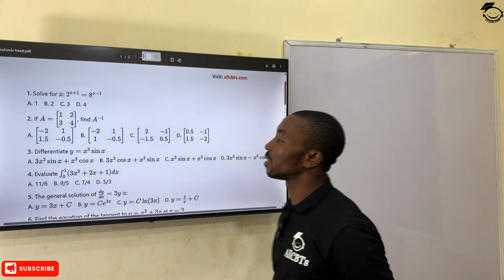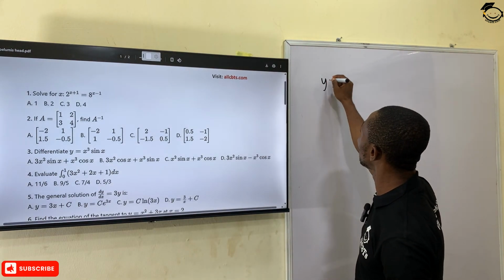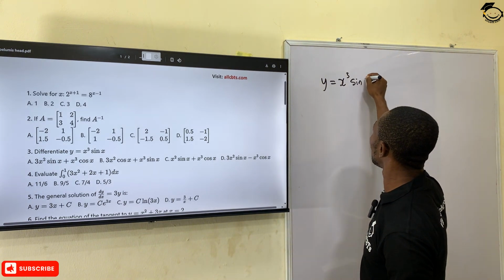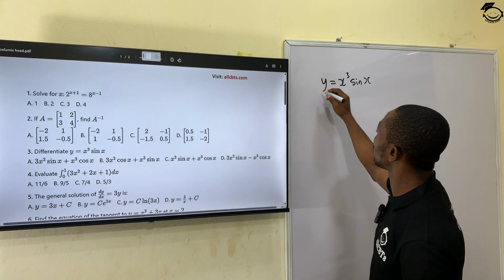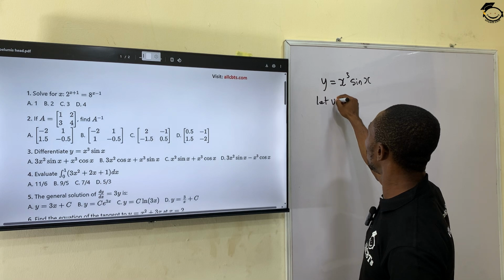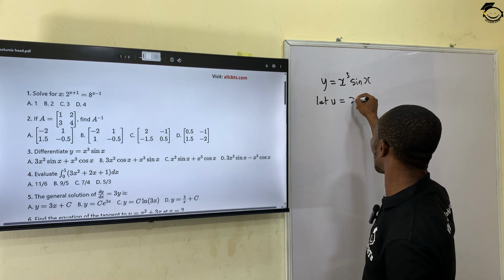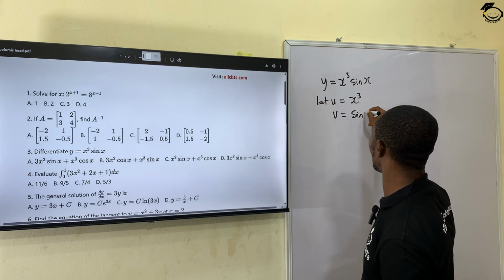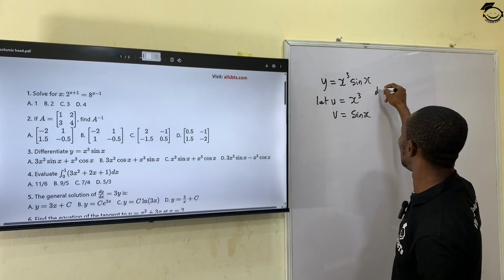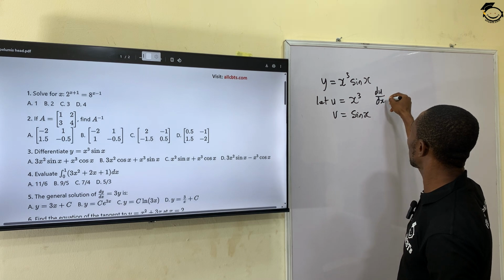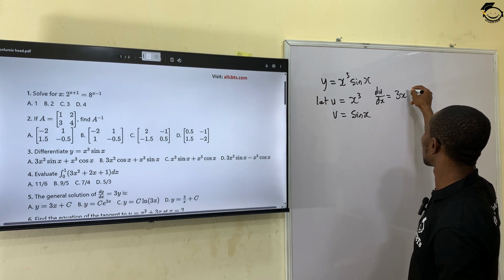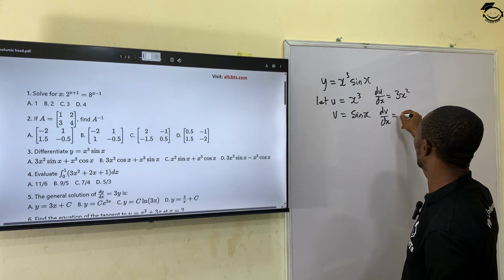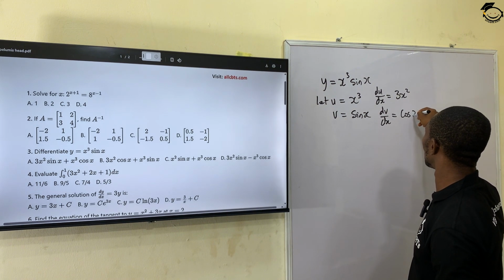Our question 3 says differentiate y equals x cubed sine x. Now with this, we'll say let u equals x raised to the power 3 and v equals sine x. So our du/dx will become 3x squared and our dv/dx will become cos x.